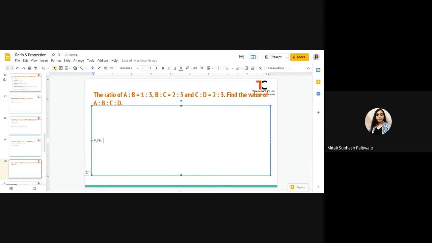A by B is 1 by 3. B is to C is 2 by 5. C is to D is 2 by 3.